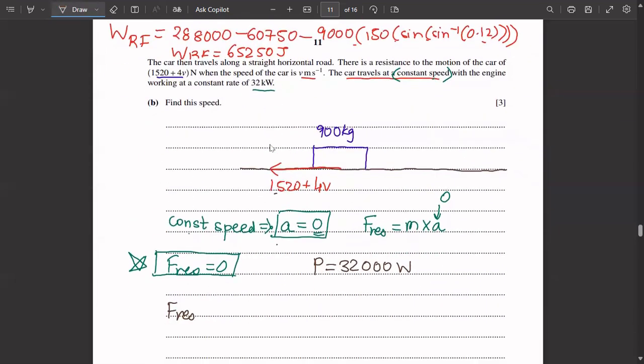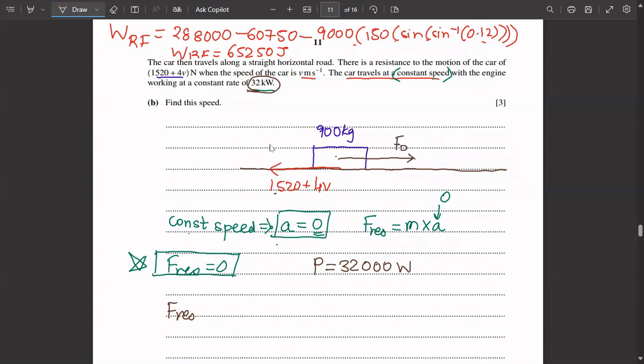One is this force, and because the engine is working at a rate of 32 kilowatt, it is exerting power, that means it is applying a force. That force applied by the engine will be the driving force, FD.